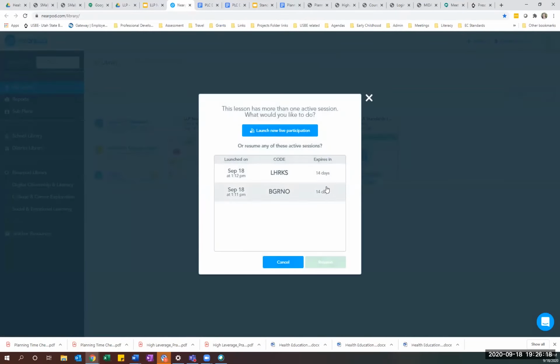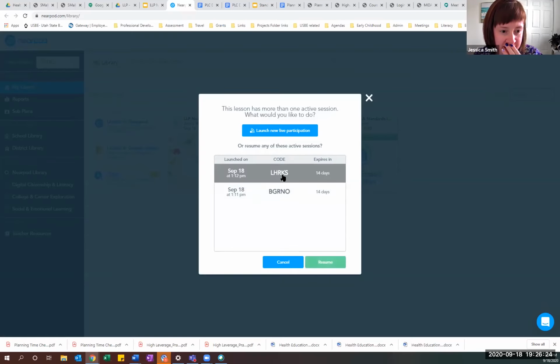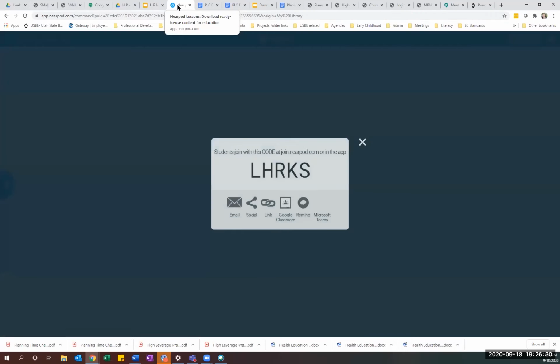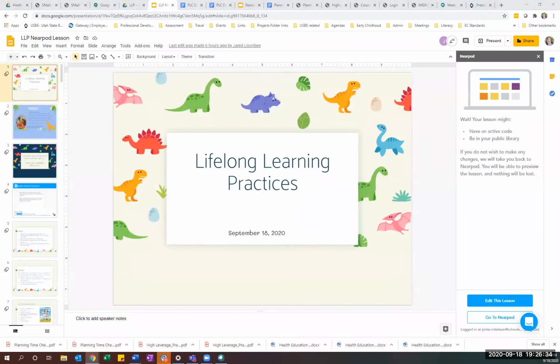Okay, we're going to push resume at the bottom where it says open navigator notes, and it should let you advance it. Would you like to approve? Okay, go ahead. That's the teacher one, so we're going to advance that one.